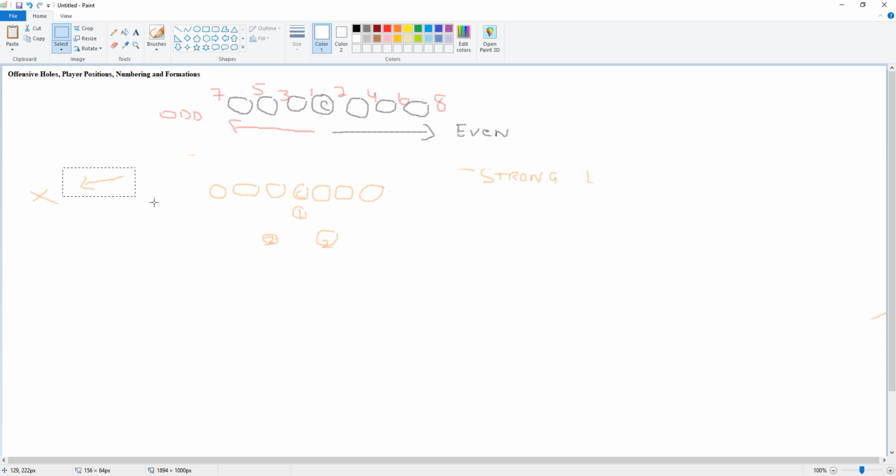So strong right, what's going to happen on strong right? It's just the opposite. Strong right means X is going to come in here. Okay, and he's on the line here.